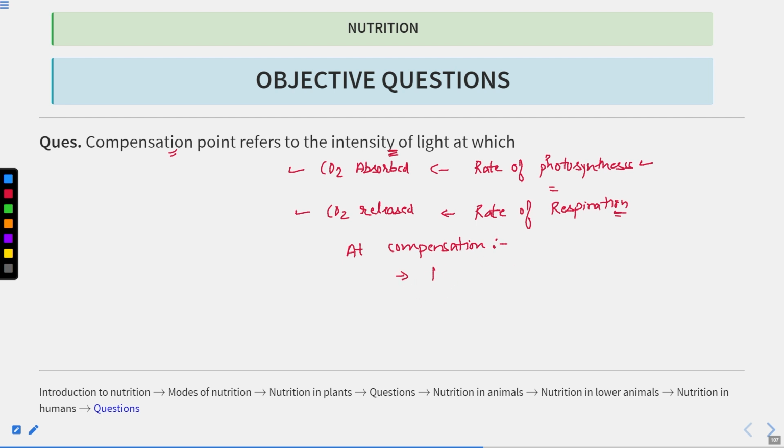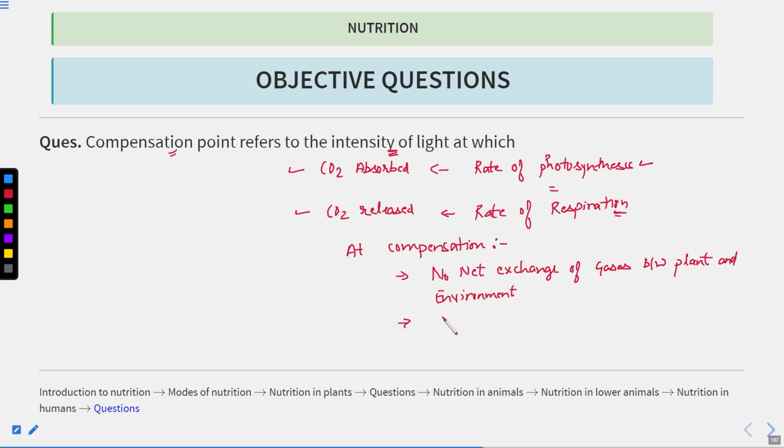There is no net exchange of gases between the plant and the environment.